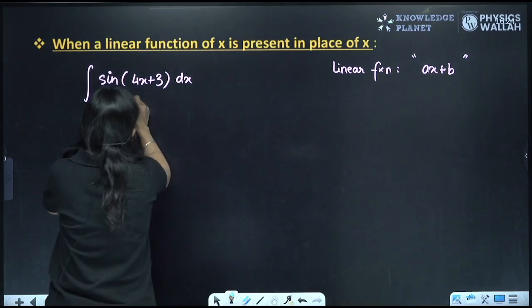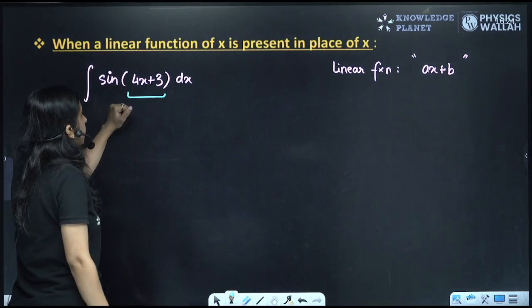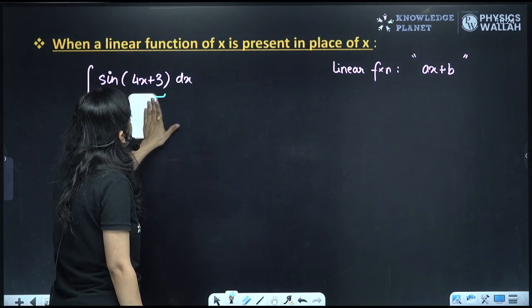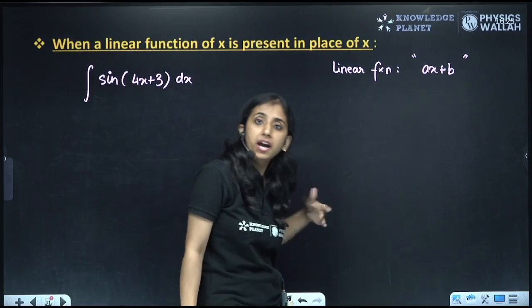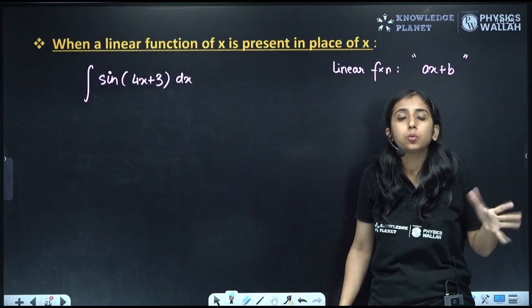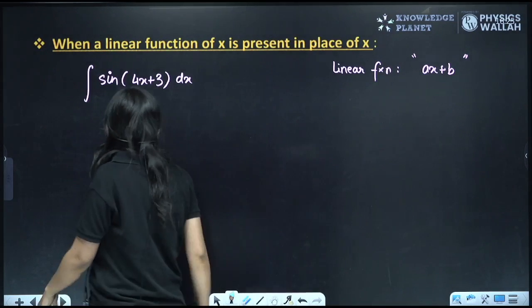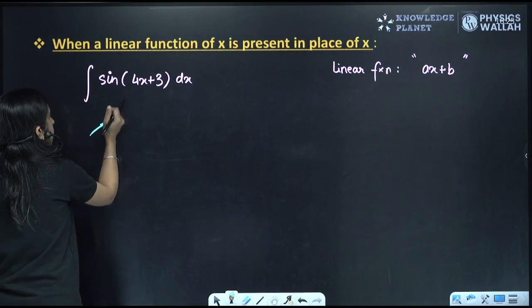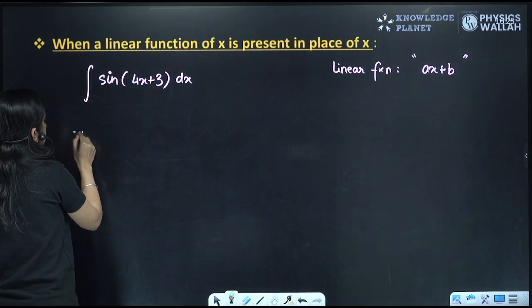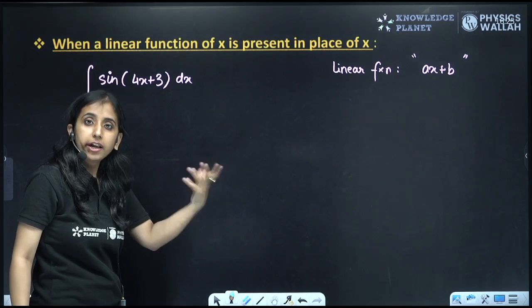When a linear function is present instead of x, what do we do? First, integrate the function as we would have been doing if x was present. The integration of sine x is minus cos x.